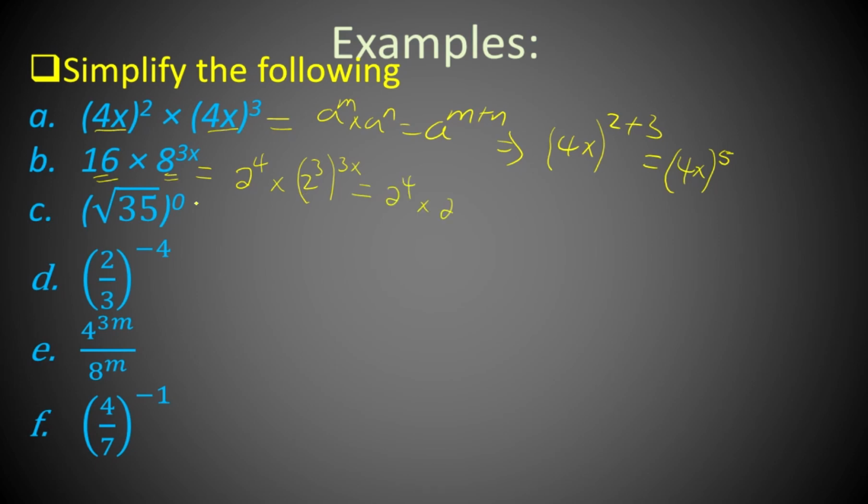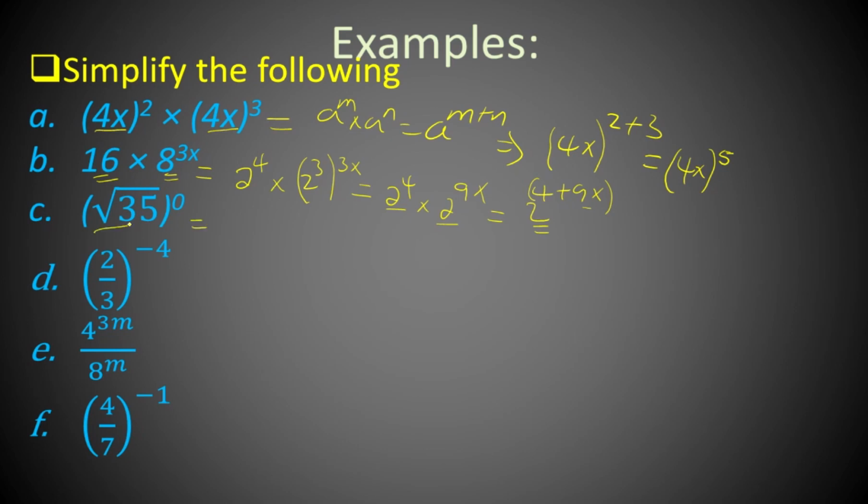From the property of the product of the bases with different exponents, outside the exponent it can be written as 2 to the power of 4 times 2 to the power of 3 times 3x, which is 9x. And again we have the same base, which is equivalent to 2 to the power of 4 plus 9x. So this is the way to simplify this for C.